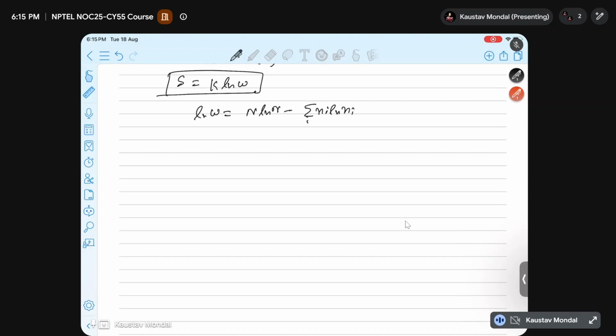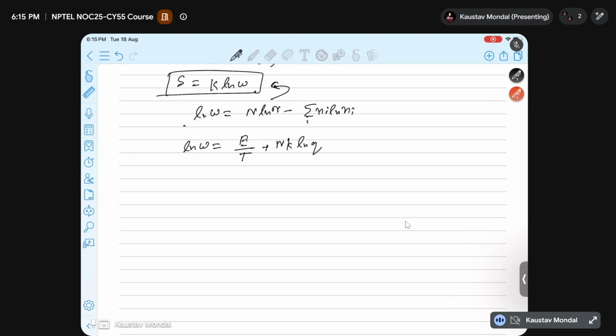So from this quantity, you substitute in this expression of entropy. After doing some mathematics, you'll get this kind of expression. So S will now become E by T plus NK ln Q. Okay.